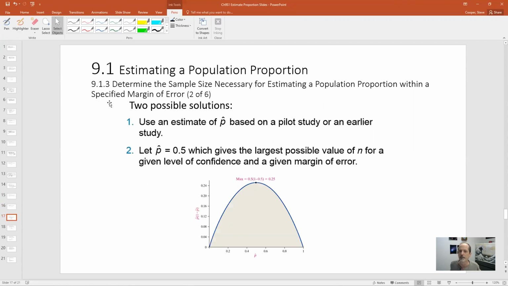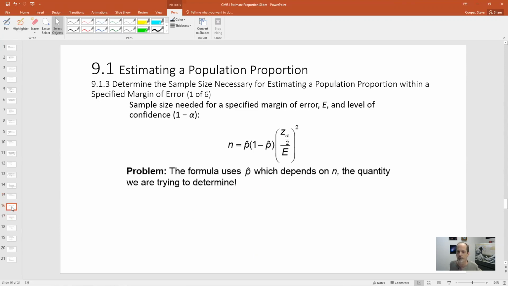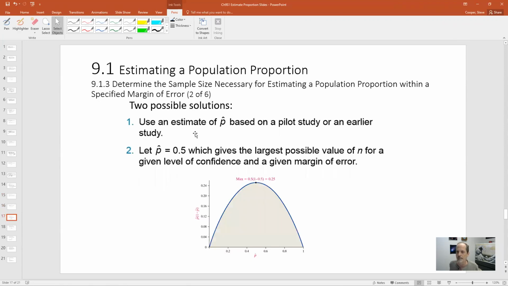Okay, and here's the situation. Since we need p hat before we even get started, we're going to have to rely on earlier data or some form of p hat that we've got from a sample from the population. And if you see where p hat times 1 minus p hat is as large as possible, that's a maximum for this curve.